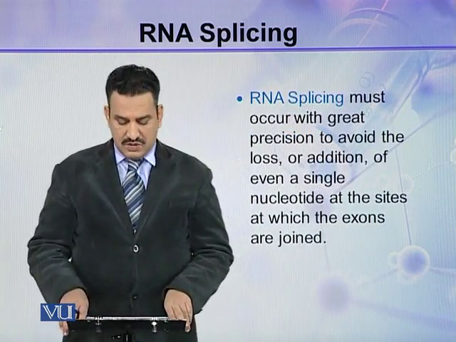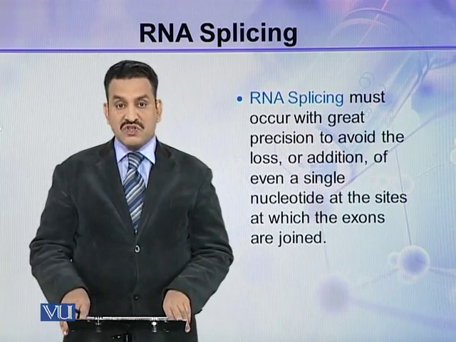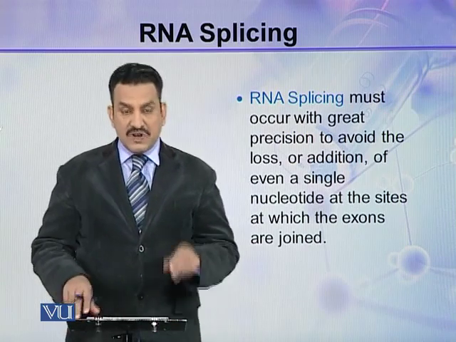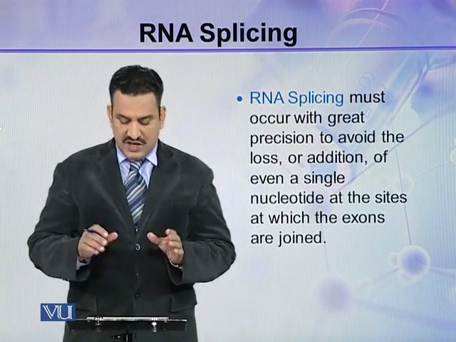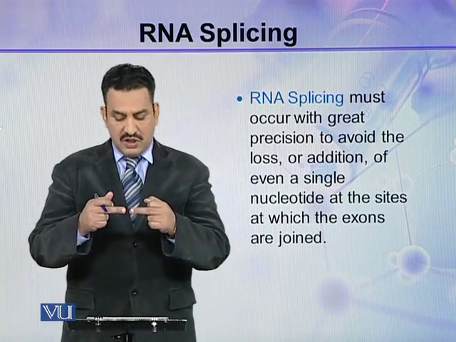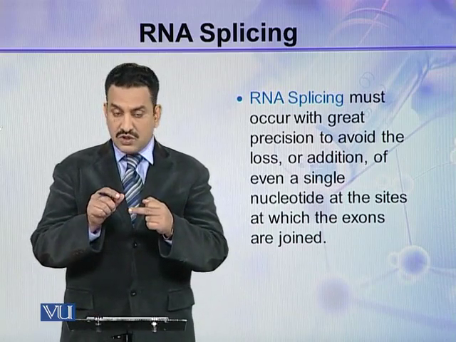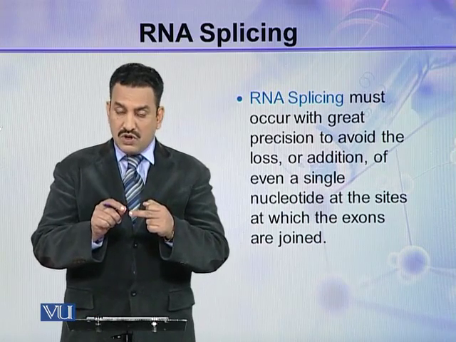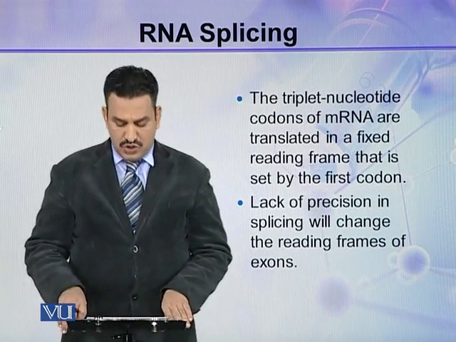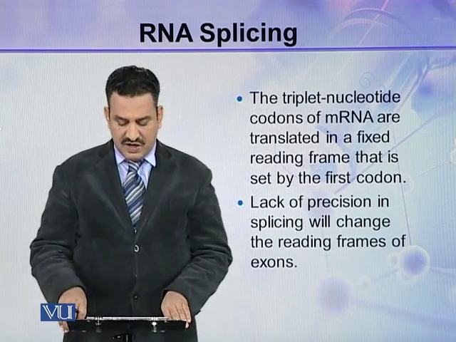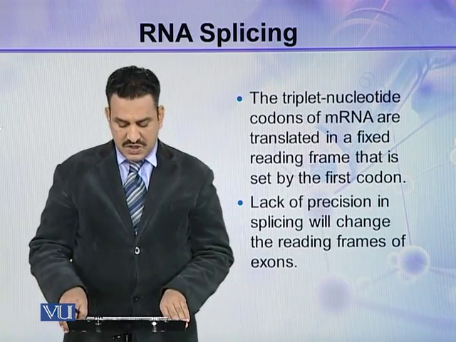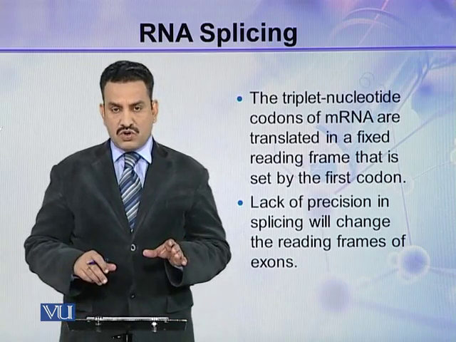RNA splicing must occur with great precision to avoid the loss or addition of even a single nucleotide at the sites at which two exons join. So at this joining point, there must not be even a loss of a single nucleotide. The triplet-nucleotide codons of mRNA are translated in a fixed reading frame that is set by the first codon.